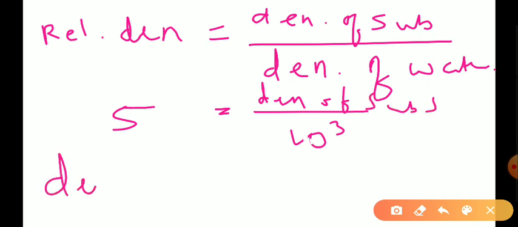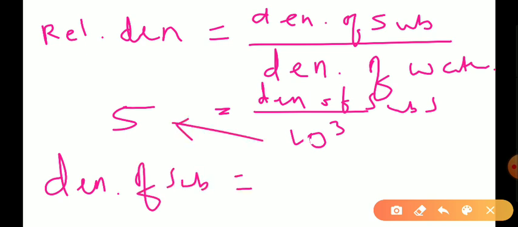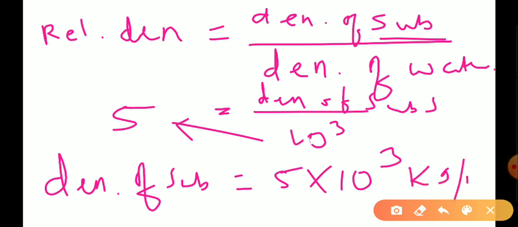So density of substance will be, this cross multiplication we can carry out, that is 5 into 10 raised to 3. And as we know about the density of metal, instead of substance you can write metal, because metal they have given. So unit for this will be kilogram per meter cube. So this is about your 5.2, the second table in that first part.